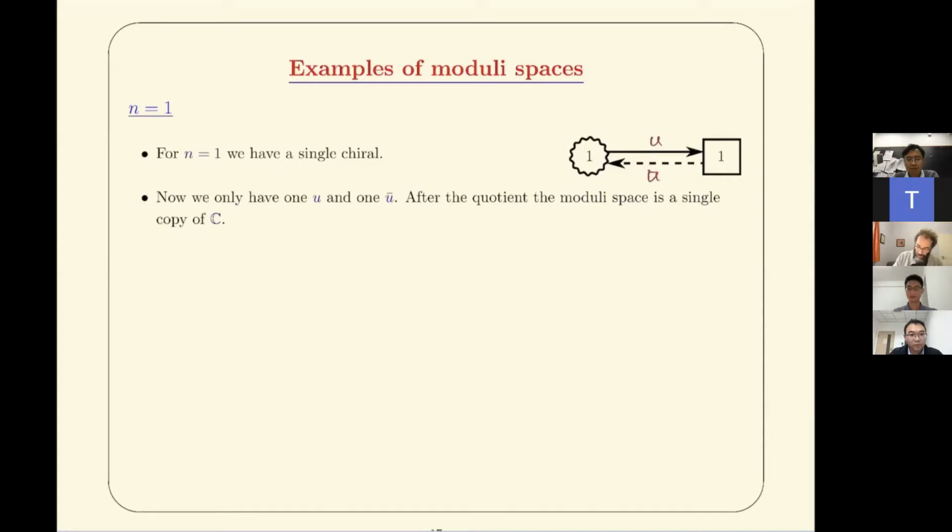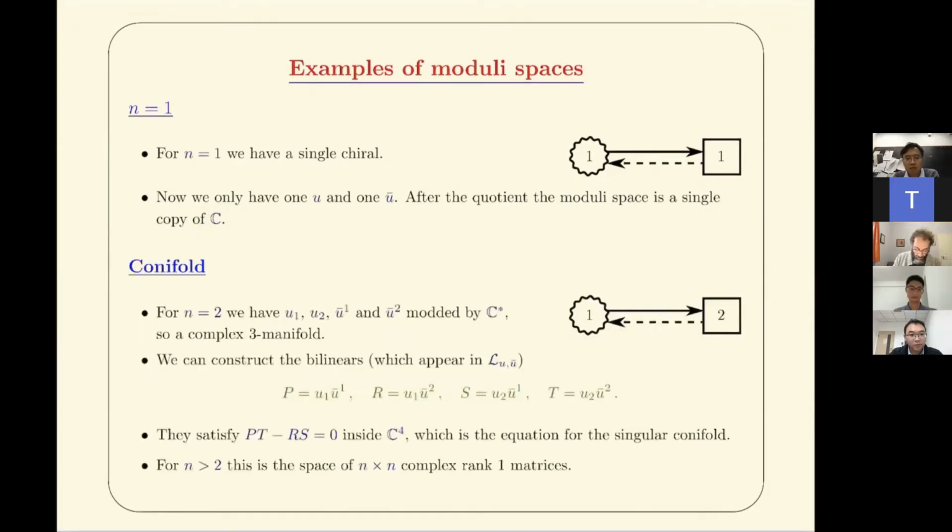So I have a moduli space which starts off as a C squared, but I mod out by 1 C star, so I end up with a moduli space which is C. If I have two fundamental fields, then here I have U1, U2, U1 bar, U2 bar.